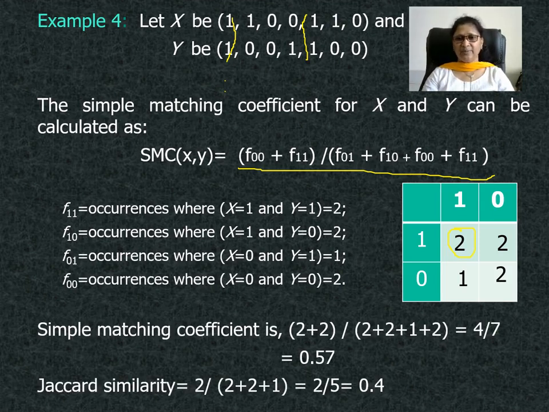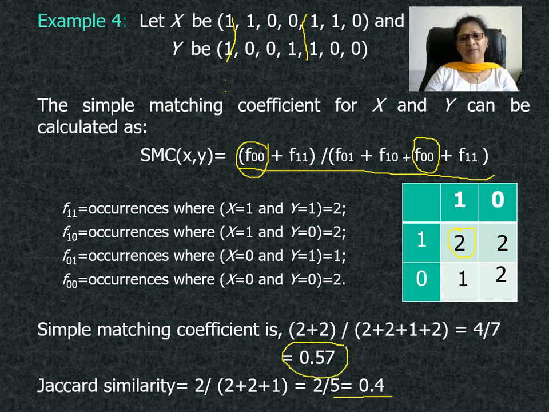And for Jaccard similarity index, we are not going to consider this F00 in both numerator as well as denominator, and then Jaccard similarity results into 0.04. So if we use simple matching coefficient, we can say that sets X and Y are 57% similar, whereas Jaccard similarity is going to say that they are 40% similar.